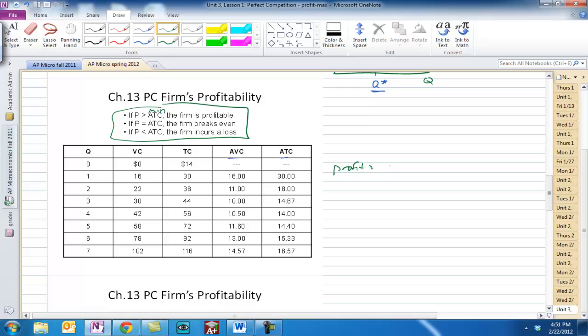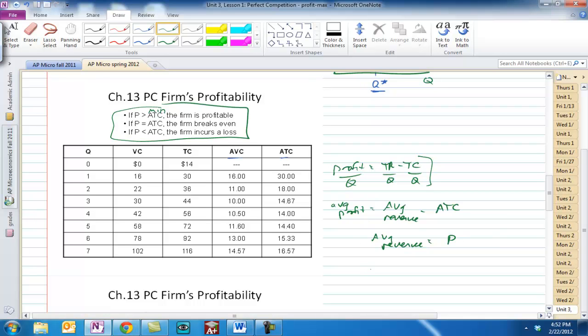If profit is equal to total revenue minus total cost, we can divide each of these by the quantity of output and say that the average profit, sometimes called the profit per unit, is equal to the average revenue minus TC over Q, which we've seen before. That's average total cost. Now, average revenue is also equal to the price, the market price of the good. If the price is $14 per unit, the average revenue they receive from selling each unit is $14, just the price.